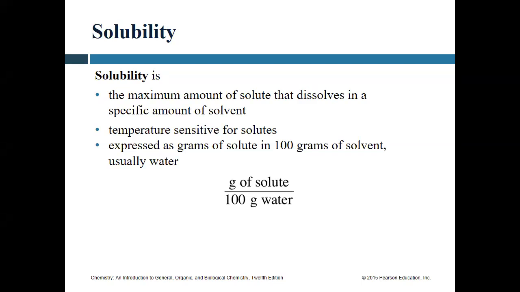Now, there are some exceptions to that. We talked about water and methanol being infinitely miscible. Yeah, that's an exception. That's not usually what happens. Usually we have some kind of limitation. That's what solubility is. Solubility tells us the maximum amount of solute that can dissolve in a given amount of solvent.